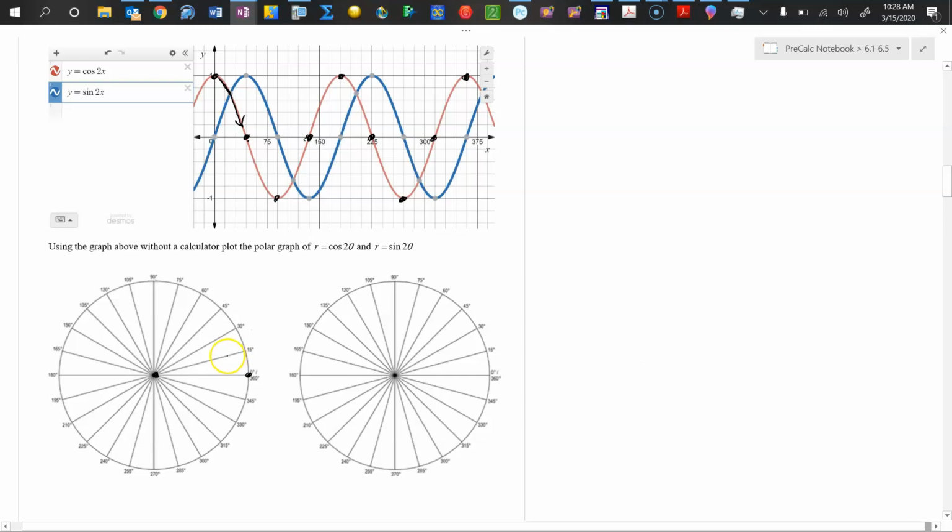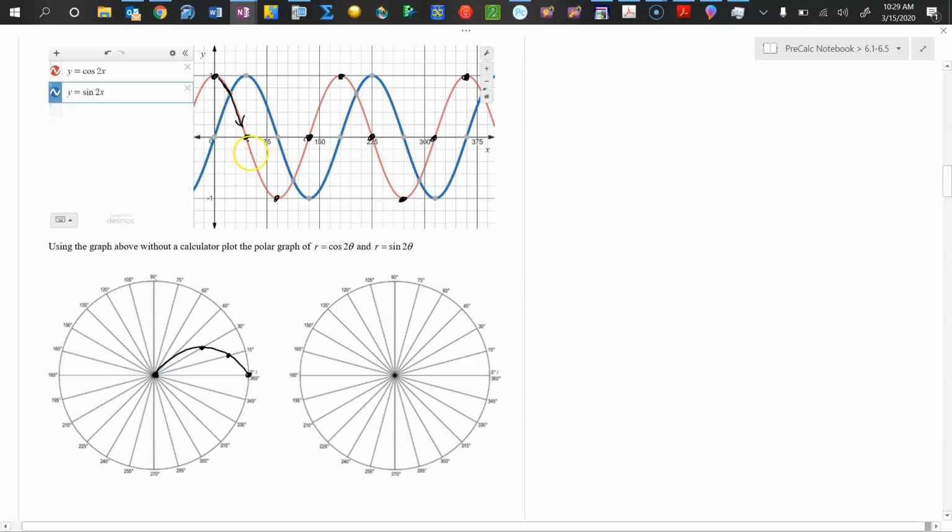At 15 degrees, for example, r is close to 1, but it's getting smaller. At 30 degrees, we're getting even closer to 0. And by the time we get to 45, we're at 0. So our graph is going to look like that for angles between 0 and 45 degrees.